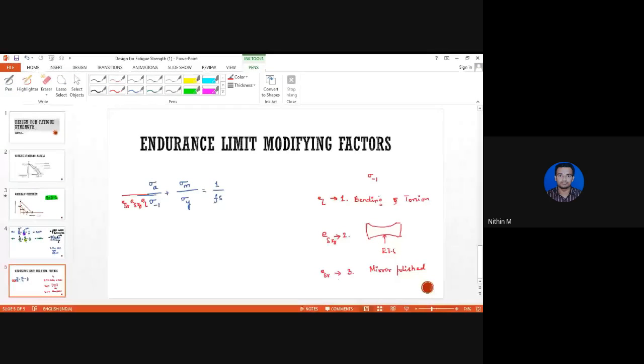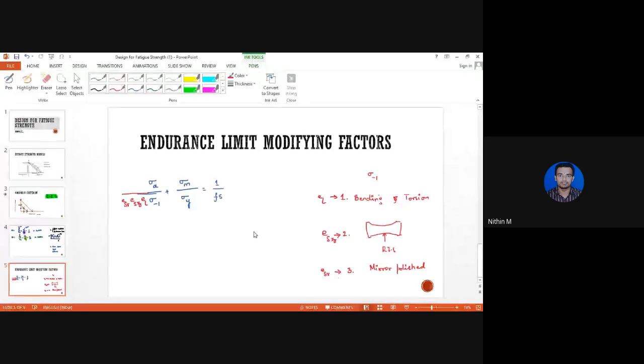Now, we are trying to modify the endurance limit of the material because the actual component that will be used practically will be carrying different types of load, will have a different shape and size, and will have a different surface finish when compared to the test specimen under lab conditions. So that is the reason why we are modifying the endurance limit, right?